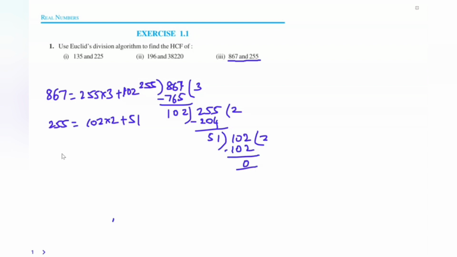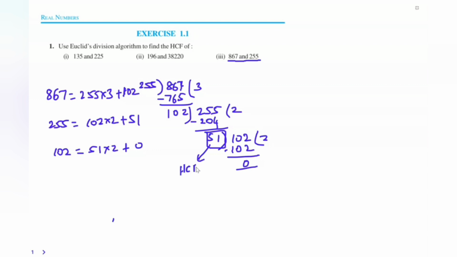So let us write the third step. 102 is equal to 51 times 2 plus 0 as the remainder. Now at this stage where you got 0 as a remainder, the divisor at that stage is HCF.